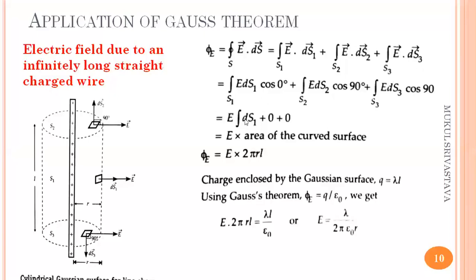So we have E times the integration of ds1 plus 0 plus 0. Now E into the area of the curved surface ds1, that is 2 pi rL. So E into 2 pi rL.